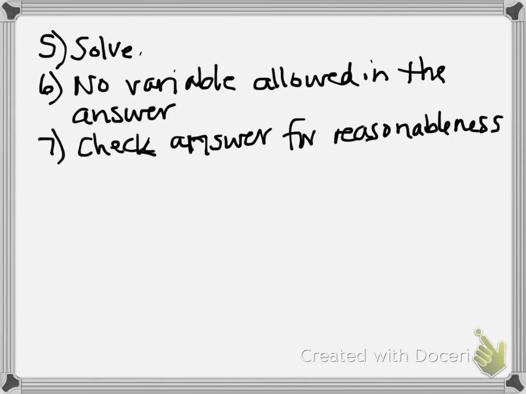Is it reasonable that you say the answer is 2.7 buses? No, because they're not going to be bringing a 3/4 size bus or a 2/3 size bus to get this last little group of kids on. So sometimes you have to round your answer for reasonableness. All right? So those are the kinds of things I'm talking about.